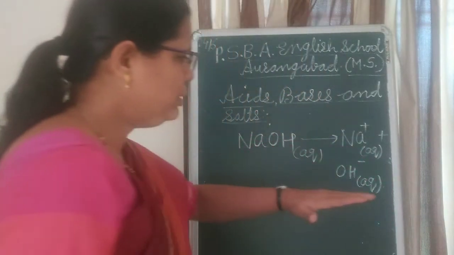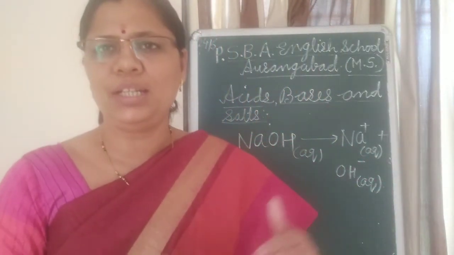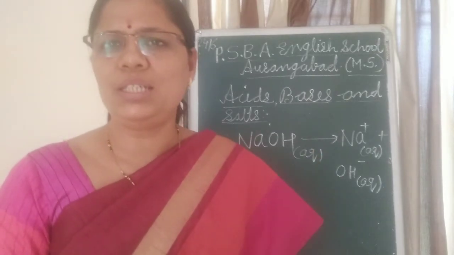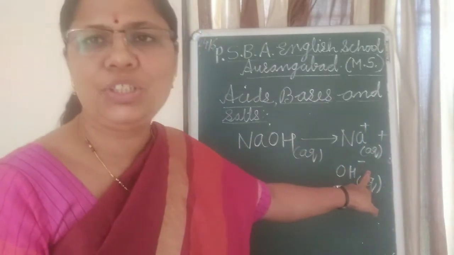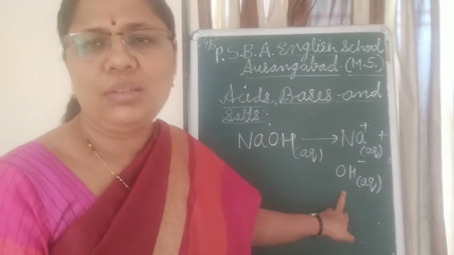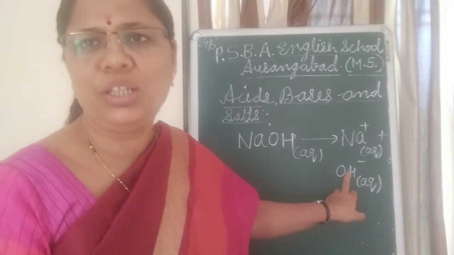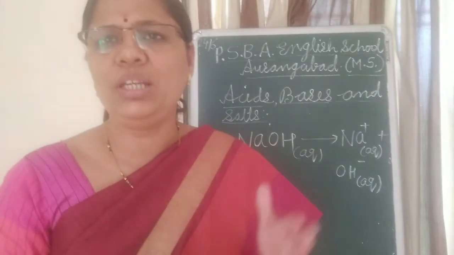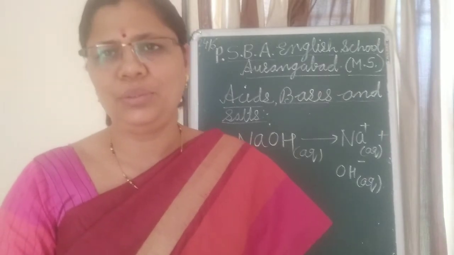So how the acid's H positive ions get dissociated and in a combined state with the water they are showing the acidic nature, in the same way for base also, OH negative ions, which is responsible for the basic nature, that is hydroxide ions, they are also in an aqueous state only. In the presence of water only they get dissociated, and then only NaOH will be showing the basic nature. I think this point is clear to you all.